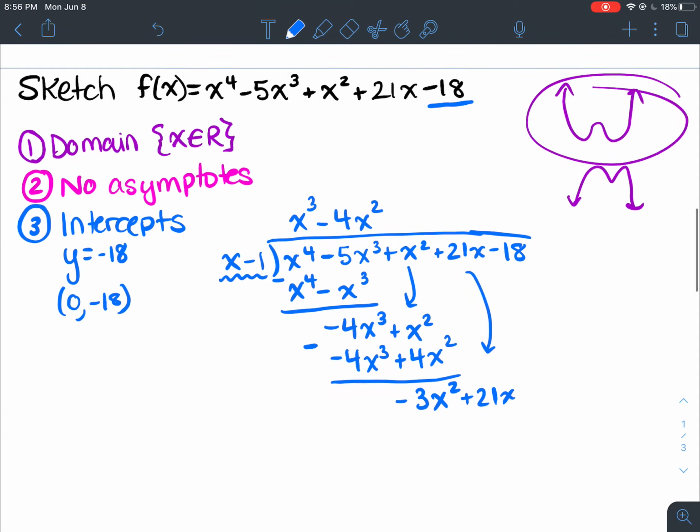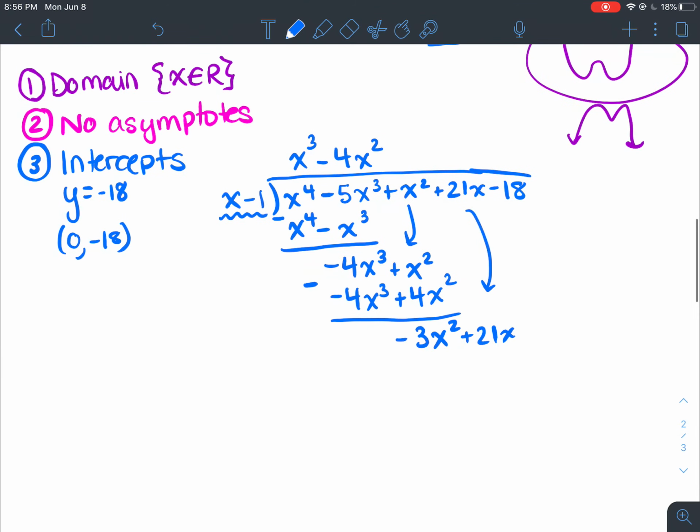And we do the same thing. How many times does x go into -3x squared? -3x times. And we multiply it. -3x times x is -3x squared. And positive 3x. And then we subtract.